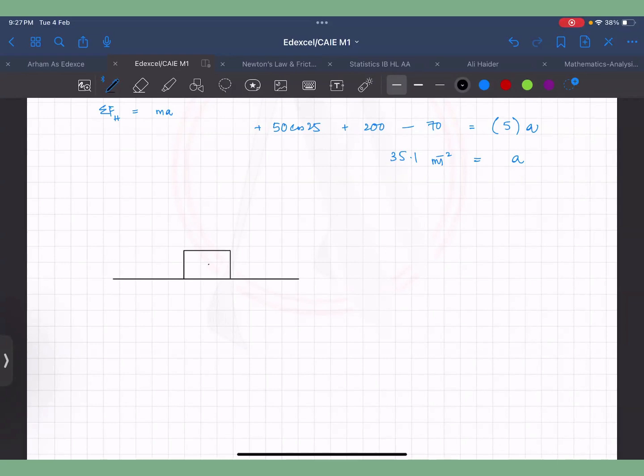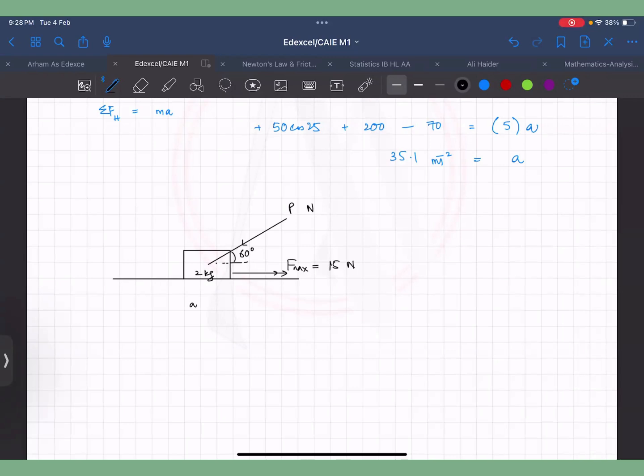Let's suppose there is a force acting like this at 60 degrees. We don't know the force P newton. The mass of the object is, let's suppose, 2 kgs. Okay, and friction acting on this object is, let's suppose, 15 Newton.